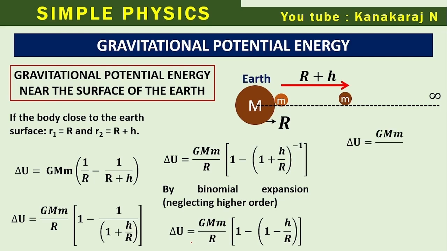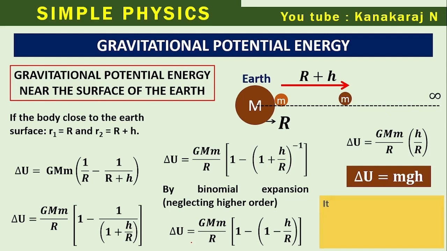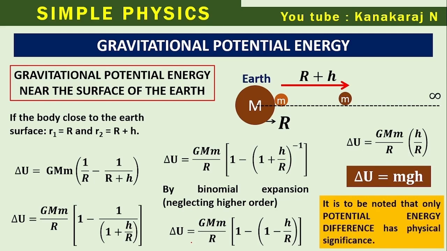Delta epsilon equals GMm upon R multiplied by h upon R. And we know that GM by capital R square gives the acceleration due to gravity g. So delta epsilon equals mgh. It is to be noted that potential energy difference has the physical significance.